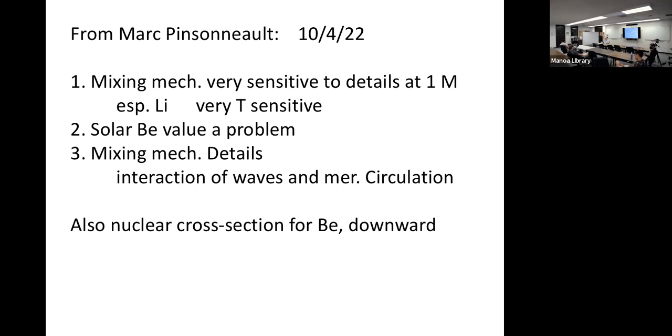There is no close binary in the sample, is that correct? Except this one, and maybe the other one. How close is the companion of the beryllium-depleted star? I can find out. I don't know off the top of my head.